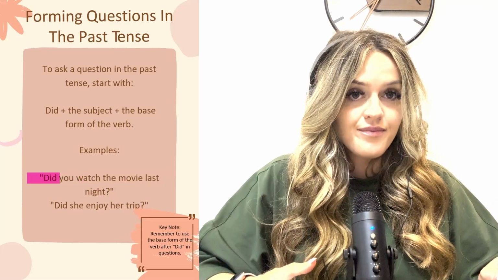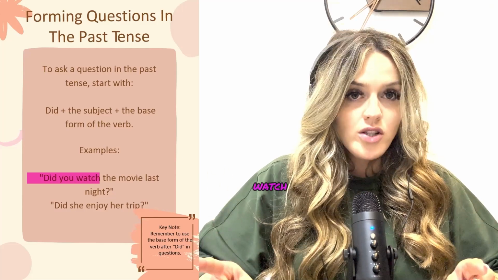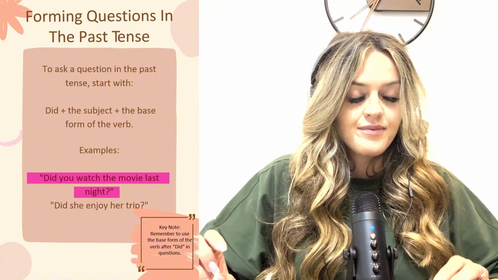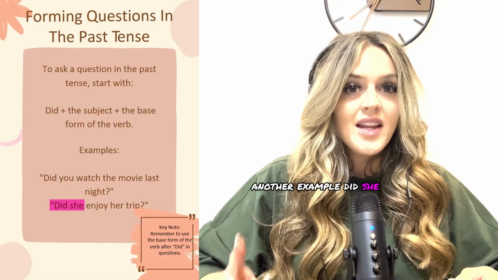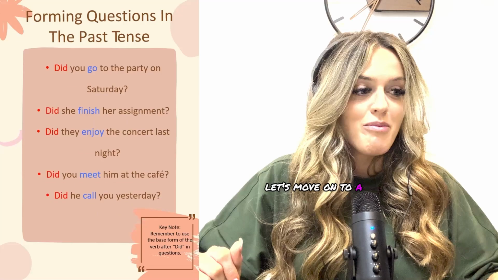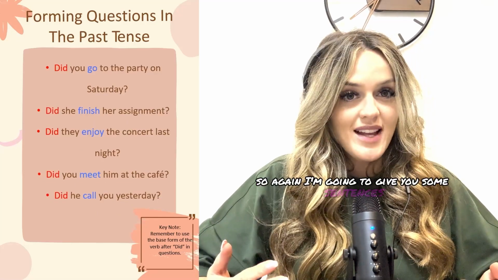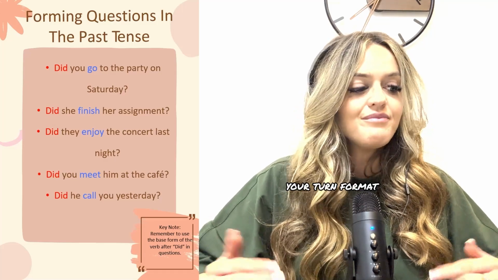So did, you, that's my subject, watch is my verb, the movie last night. Another example, did she enjoy her trip? Let's move on to a practice round. So again, I'm going to give you some sentences. We're going to do this in a my turn, your turn format.